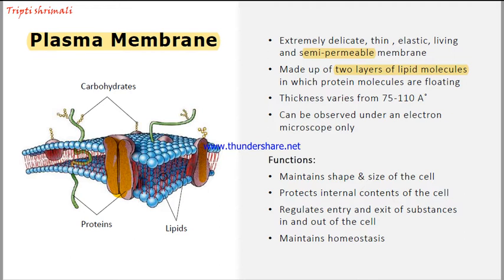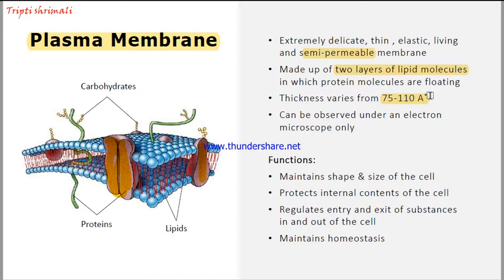That's why it is called the fluid mosaic model. And the thickness of the plasma membrane varies from 75 to 110 angstrom, right? And it can be observed under an electron microscope only. We cannot see the plasma membrane through the compound microscope. For plasma membrane to be observed, we require an electron microscope, right?